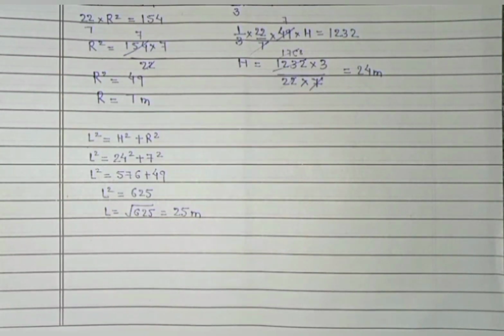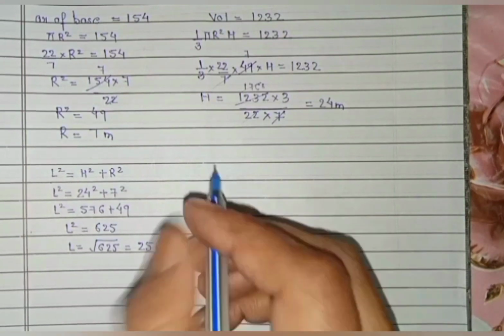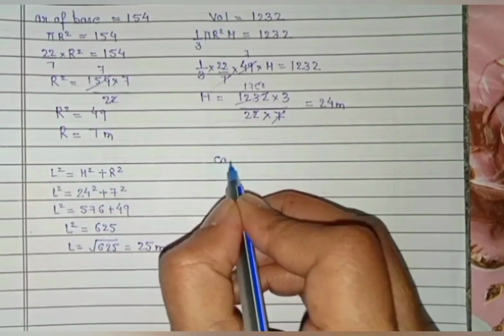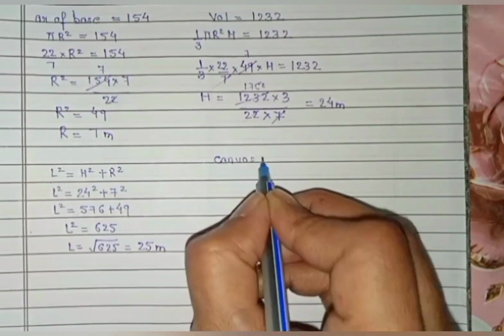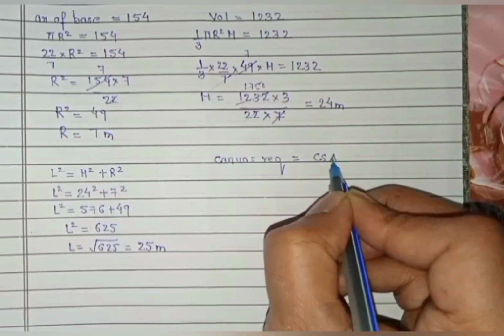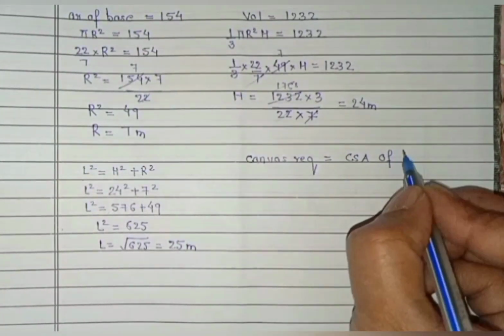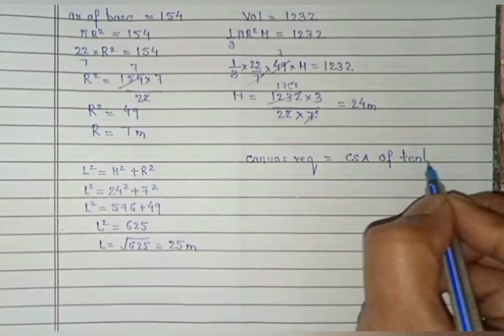See, we need to find the canvas used, and canvas will be used only on the curved surface area. So we need to find curved surface area. So here we will write it this way: canvas required is equal to curved surface area of tent. So you will be calculating curved surface area of tent.